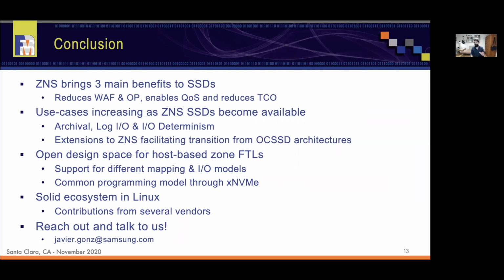It's not only meant for archival, it can also be used to provide IO determinism, and to amplify the benefits of flash-friendly databases, applications, and file systems today. And we are actively working on extending ZNS to facilitate the transition of open channel SSD users to ZNS so that they can leverage all the benefits of NVMe.